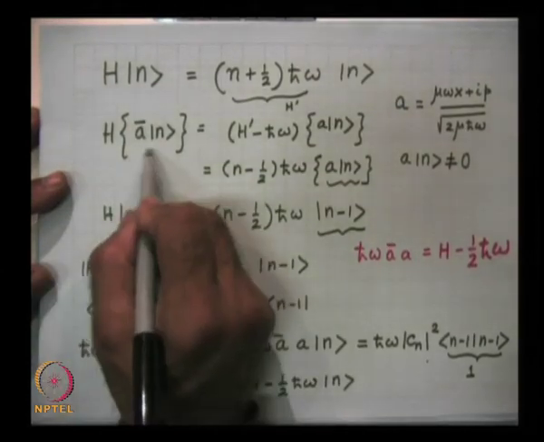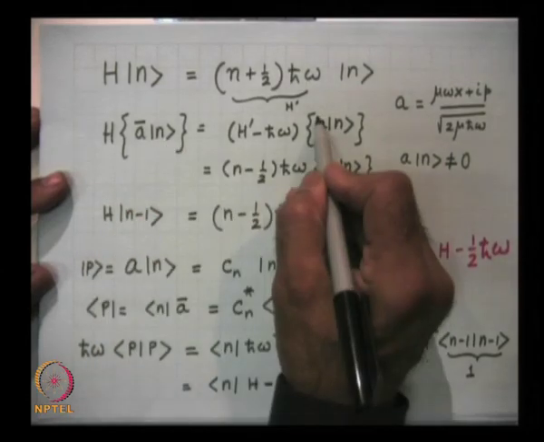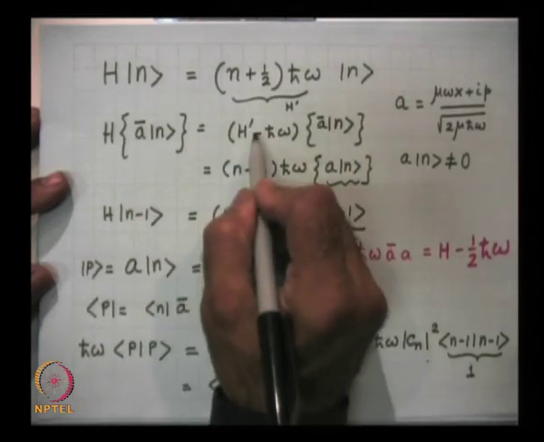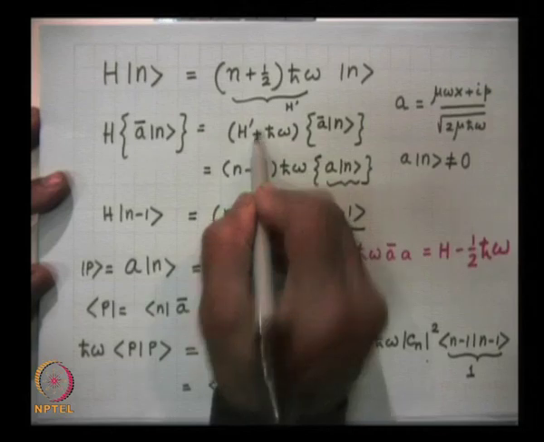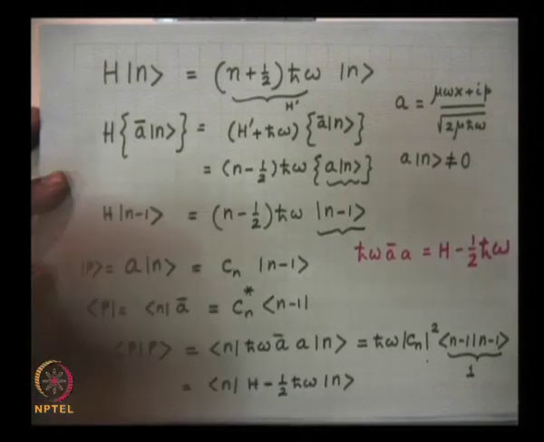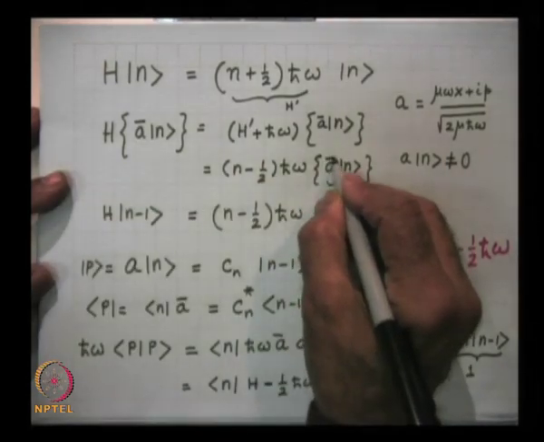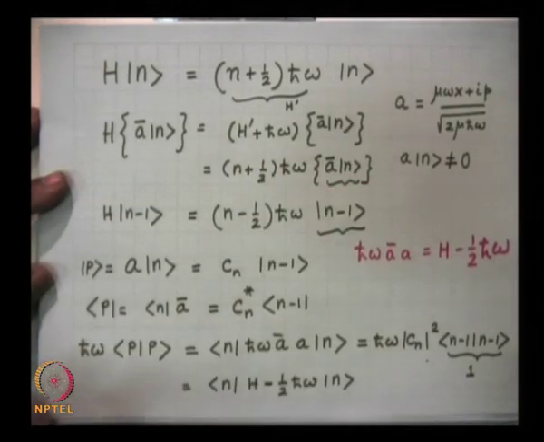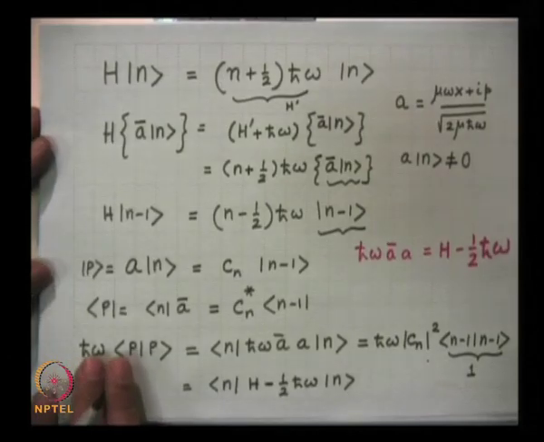So, a bar ket n is an eigenket corresponding to the eigenvalue n h prime plus h cross omega. So, the eigenvalue becomes n plus half h cross omega.